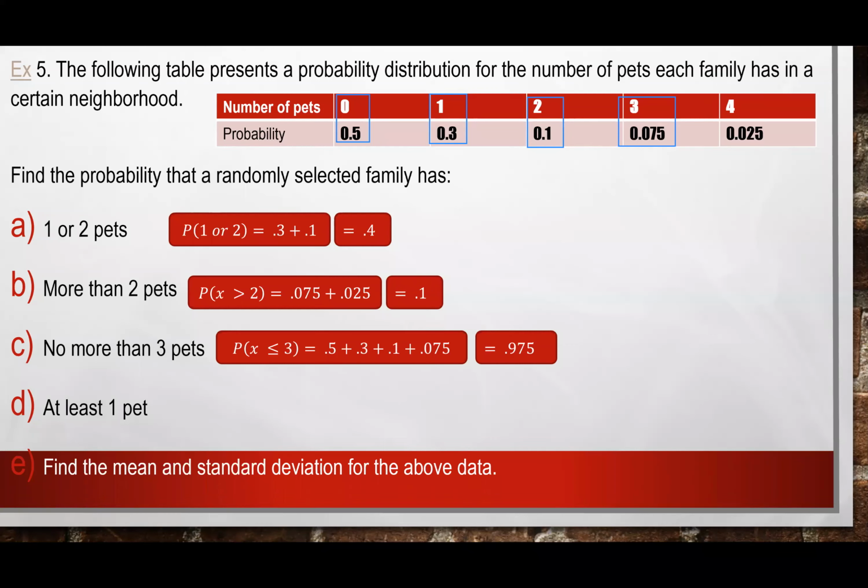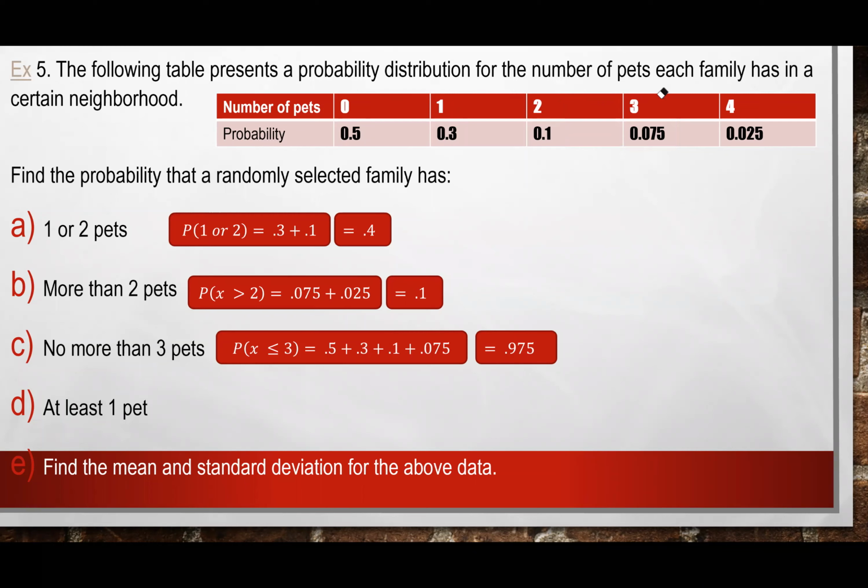But that's one of the things: you have to dissect and analyze your information, right? And the question is why no more than 3 means 3 and less, right? No more, we cannot exceed 3, right? So that's why we have to use the 0, the 1, the 2, and also the 3, because the 3 is not more than 3.